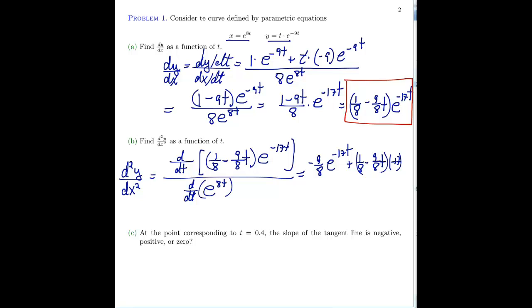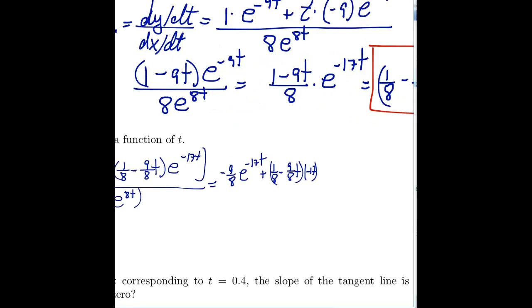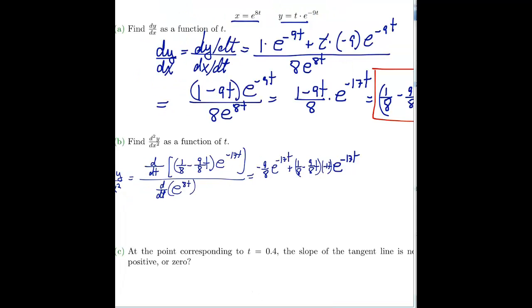Let me just shrink this down because I'm running out of room here. Okay, so I think that's right for the product rule. And then downstairs I have 8 e to the 8t.